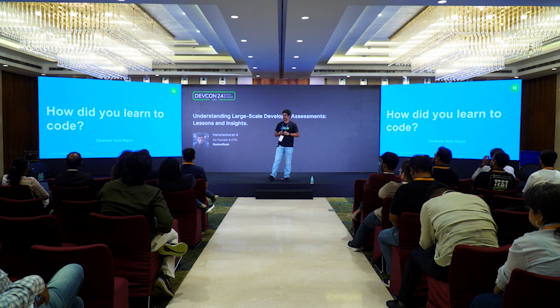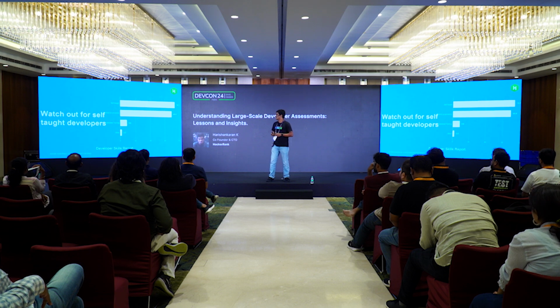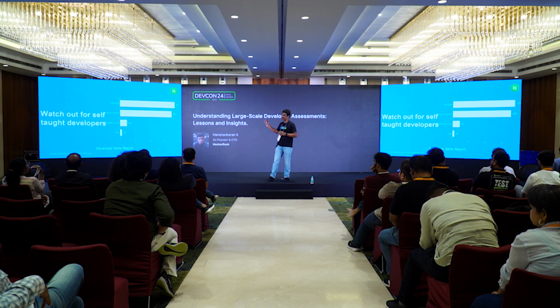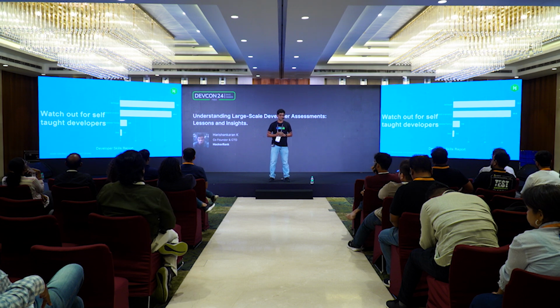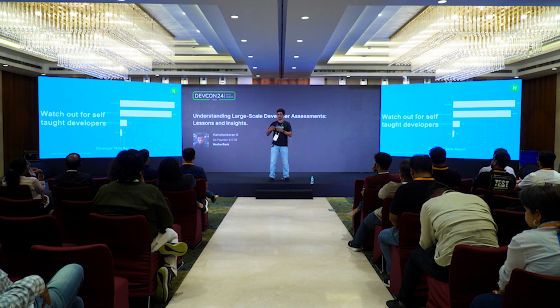The second question: how did you learn to code? What is the source of learning how to code? The majority of developers are self-taught, around 70-75%. And this is even from the folks who went to school and university.